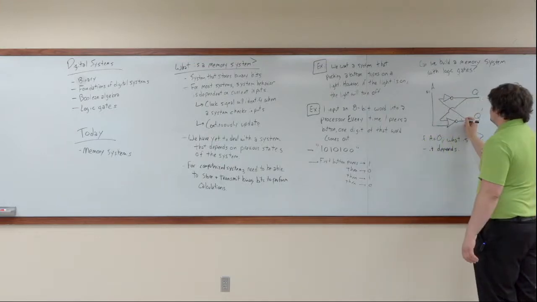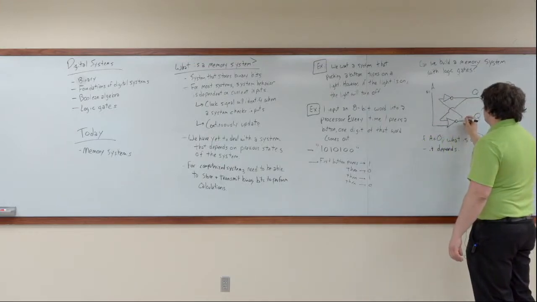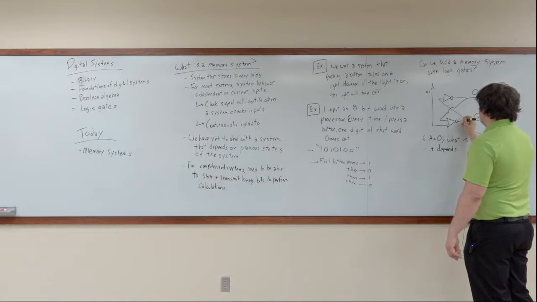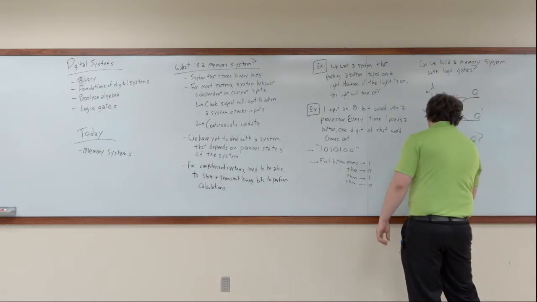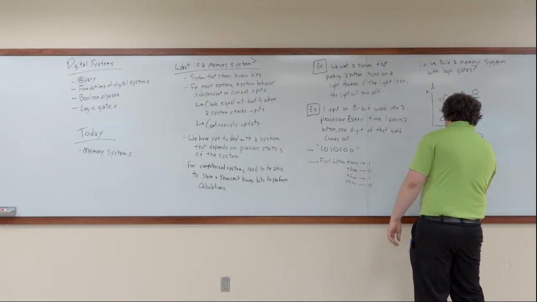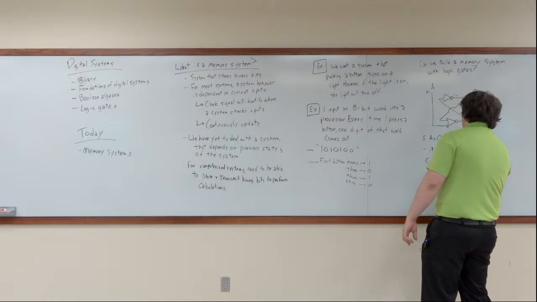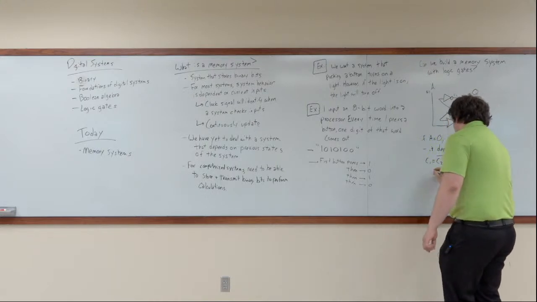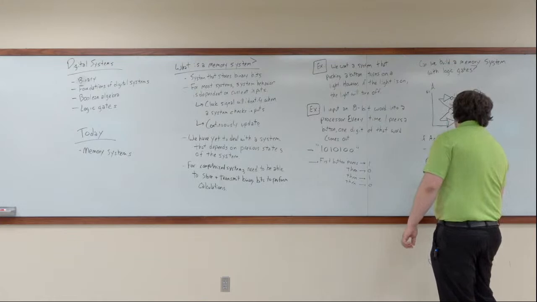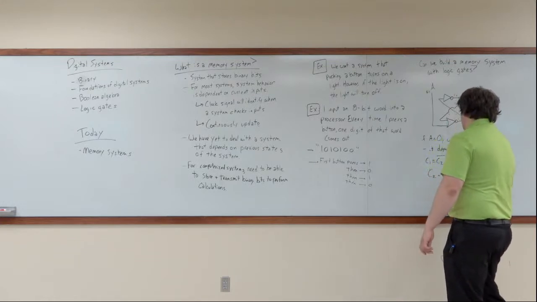Okay, so I'm going to call this C1, and this will be C2. Okay? So C1 is equal to C2 plus A naught, and C2 is equal to C1 naught.